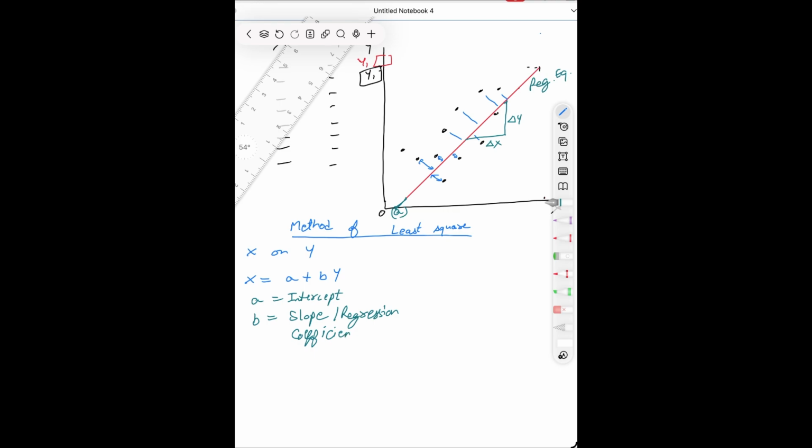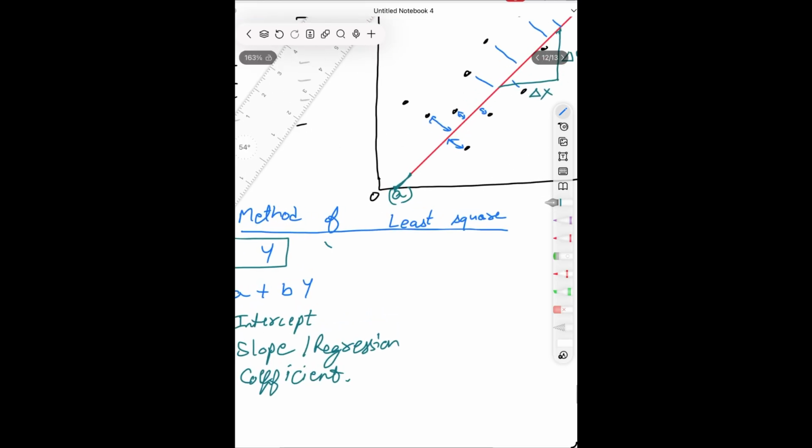And since we are talking about the regression equation of x on y, we will write here x is dependent on y.